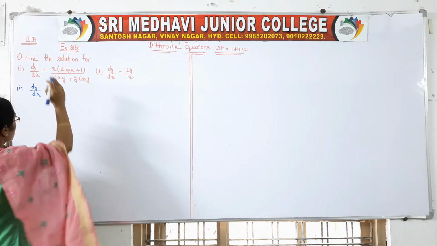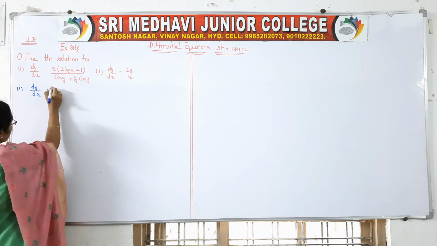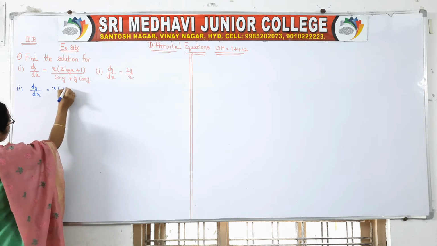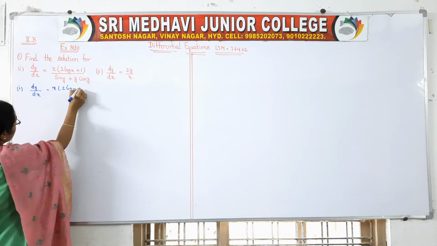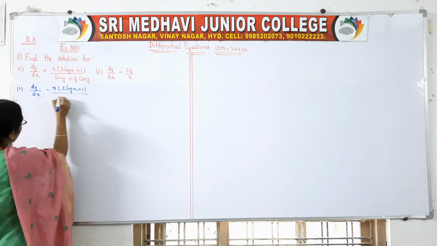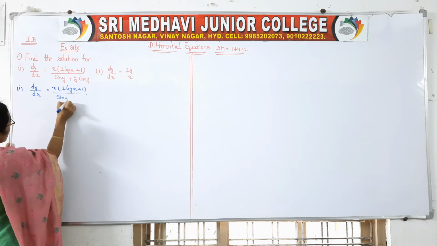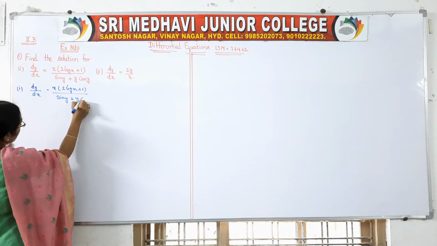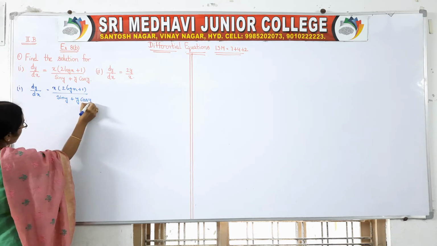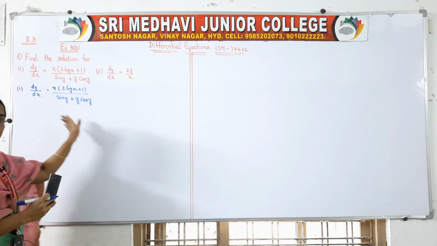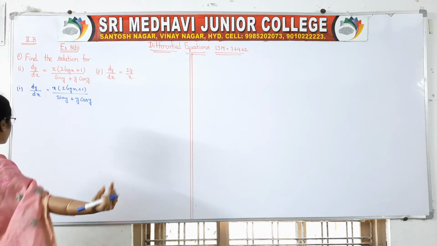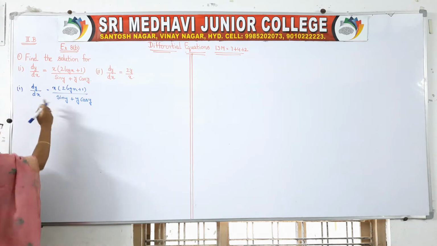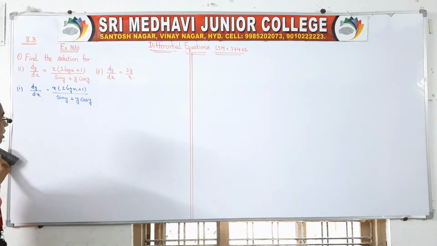Okay, so this is x into 2 log x plus 1 by sin y plus y cos y. Clearly x terms, y terms, right. So this side dy is there, dx is there. We can go for variable separable form.